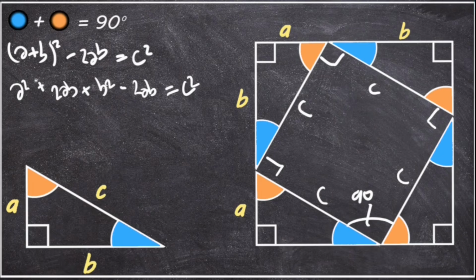On the left hand side, the plus 2AB and minus 2AB cancel, leaving us A squared plus B squared, and on the right hand side we have C squared, and there we have it. A squared plus B squared is equal to C squared, exactly as Pythagoras stated.